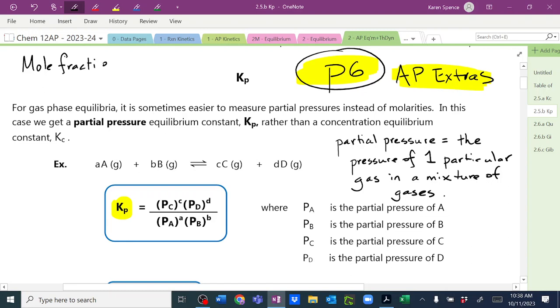You know what a mole is, you know what a fraction is, and in fact, that is all there is to it, okay? It is represented by the letter X. And if I write X of A, that's the mole fraction of gas A.